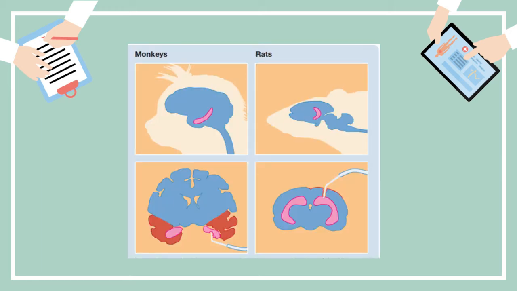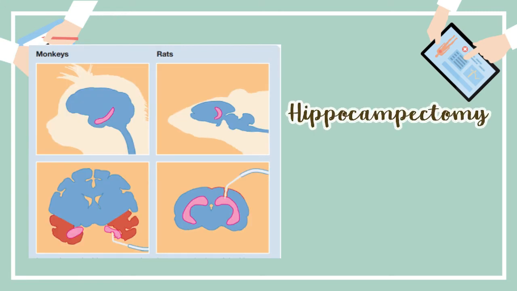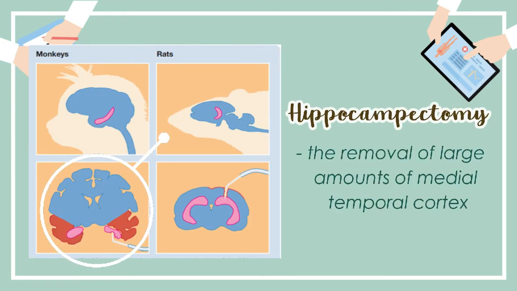Figure 11.10 shows aspiration lesions of the hippocampus in monkeys and rats. Because of differences in the size and location of the hippocampus, which is the pink one, in monkeys and in rats, hippocampectomy typically involves the removal of large amounts of medial temporal cortex, which is the red one, in monkeys but not in rats.